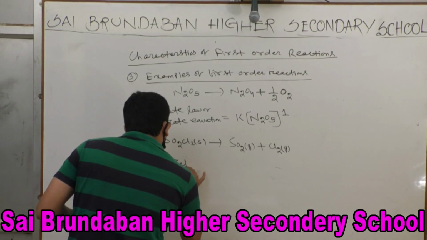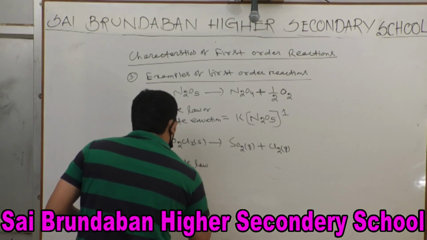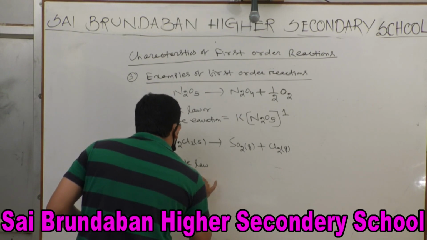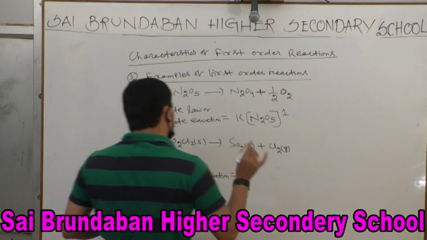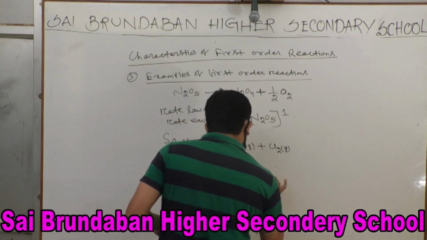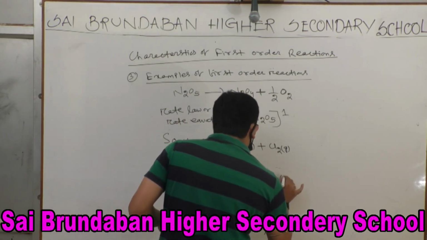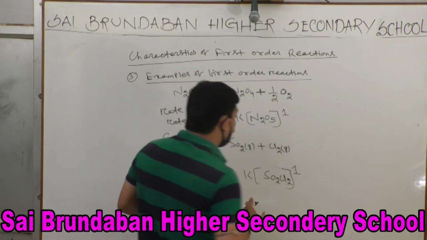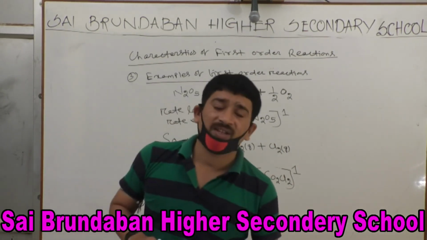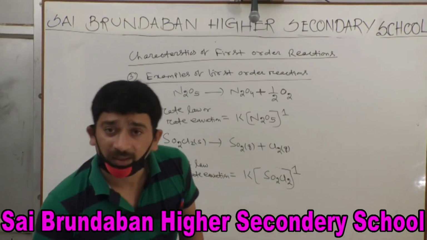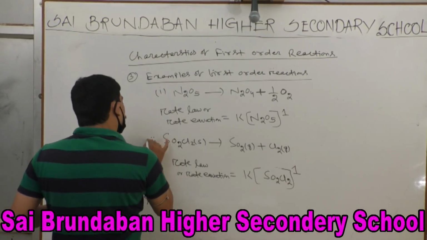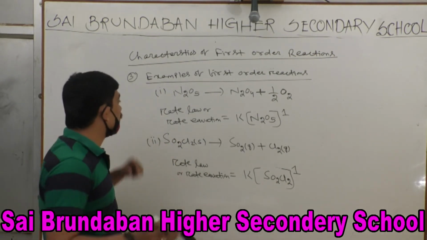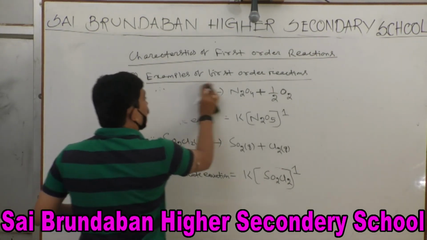For this reaction, the rate law or rate equation is equal to K times SO2Cl2 solid to the power 1. Here SO2Cl2 is to the power 1. This is the first example, this is the second example. Next, another example I am giving, the third example.